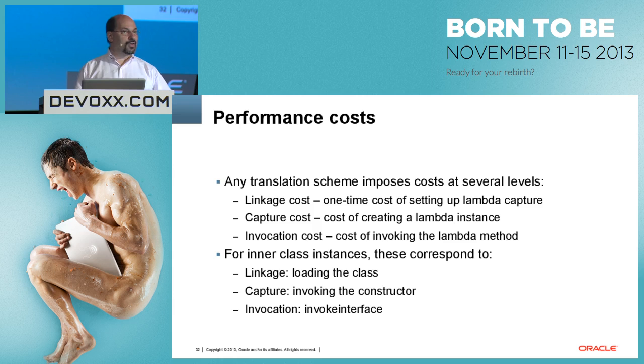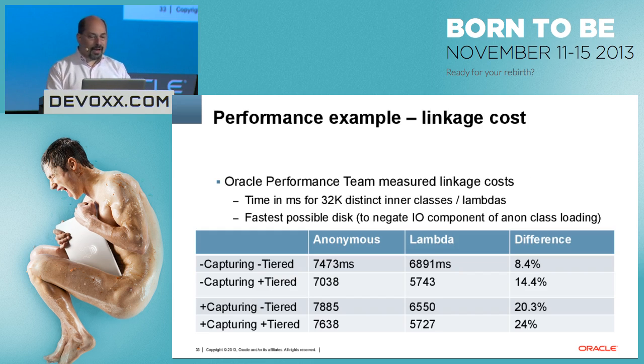Inner classes have a pretty high linkage cost because they involve, in the worst case, disk I/O, and they involve class loading. Capture cost with inner classes is pretty simple. Invoke the constructor of the inner class. Constructor invocation. And invocation cost is call the method of that inner class, the apply method or whatever it is. Okay, so let's compare those.